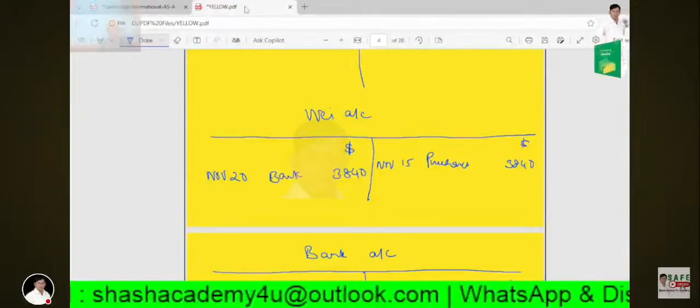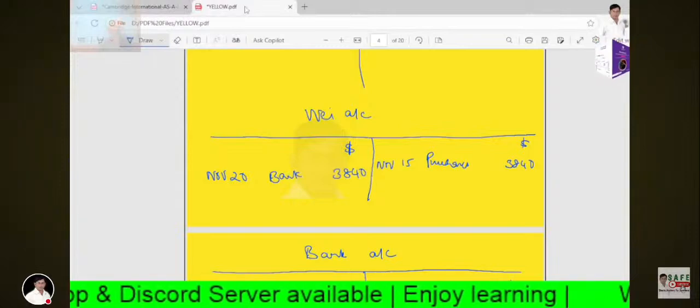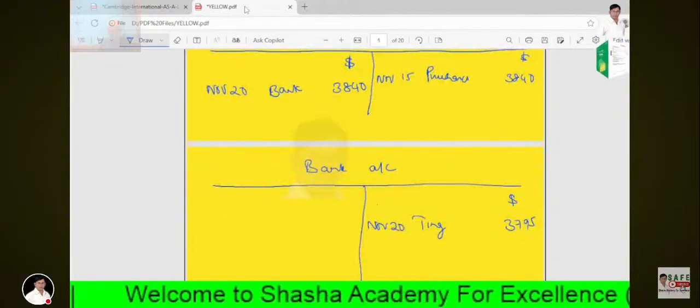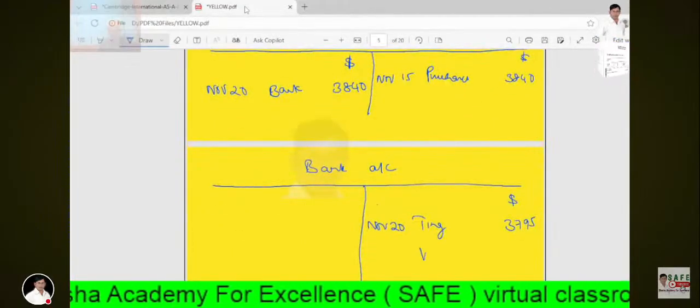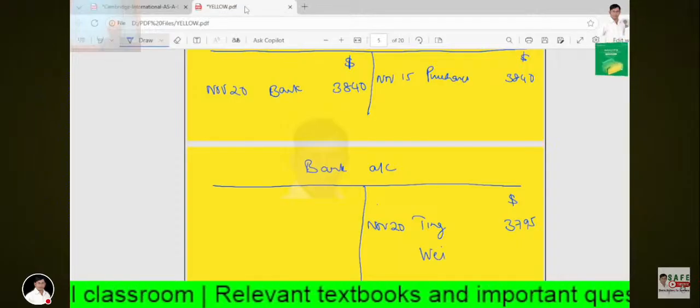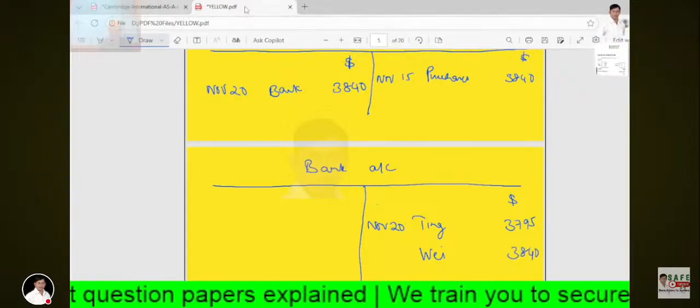Bank account will be credited, V account will be debited. Why? Because V is the receiver. When we pay, he receives. Bank account will be credited because money is going out. Cash is given away, 3840.